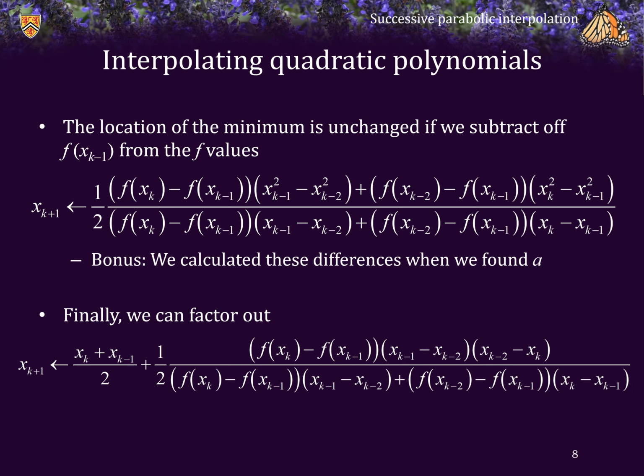Also, in the numerator, you have a difference of the value of the function times two differences of the x values, whereas each of the terms in the denominator are simply a difference of the values of the functions times a difference of the two x values. So consequently, the expression should indeed be reasonably small.